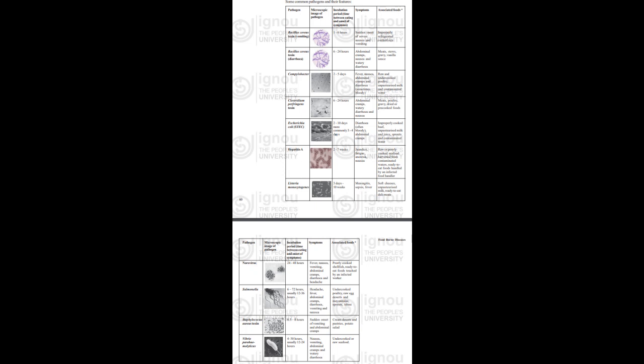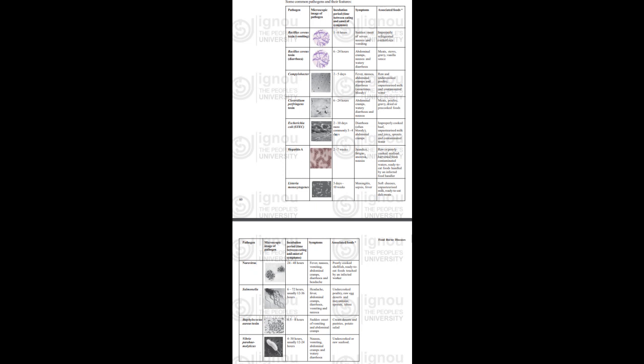The unit of measurement for water requirement of microorganisms is usually expressed as water activity, Aw. Water activity is defined as the vapor pressure of the subject solution divided by the vapor pressure of the pure solvent, Aw is equal to P/P0, where P is the vapor pressure of the solution and P0 is the vapor pressure of pure water.